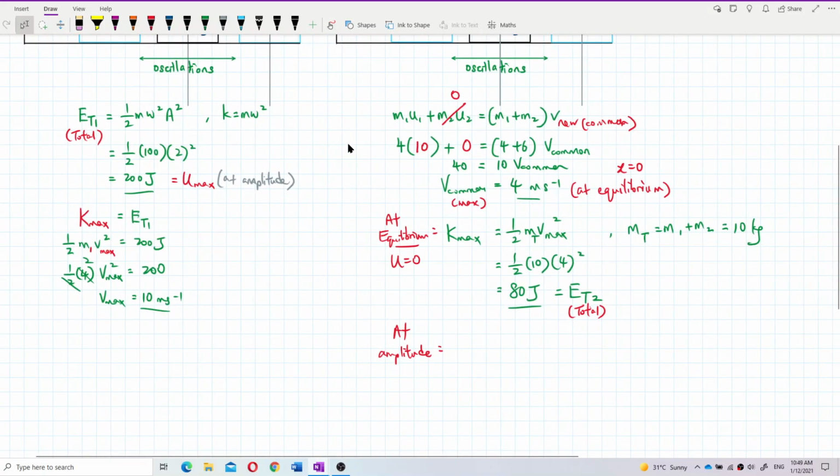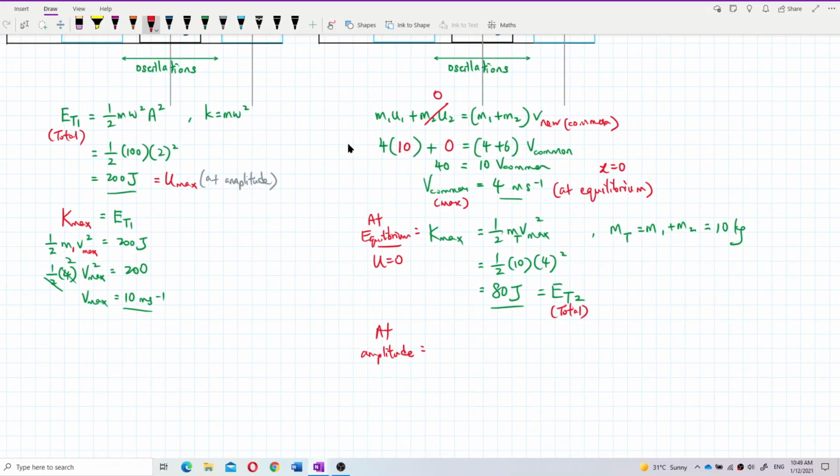We want to find the maximum potential energy. At amplitude, the kinetic energy is 0, because all the kinetic energy changed to potential energy. So at amplitude, the potential energy is maximum.